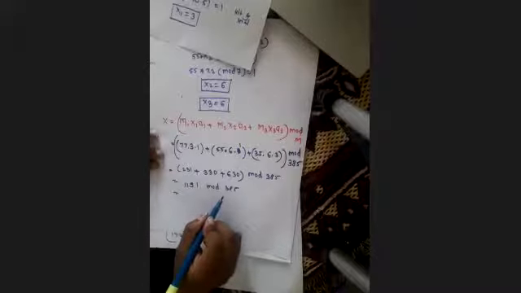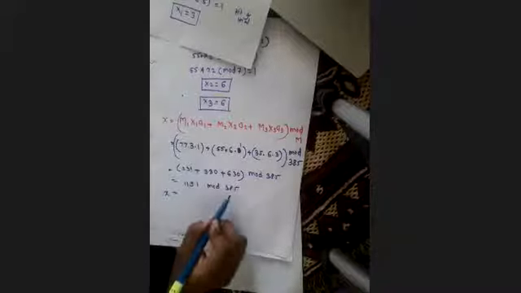How much is 231 plus 330 plus 630? Is it 1191 mod 385? Yes, so now 1191 mod 385, see what the value of x will be, the final value of x. 1191 mod 385, find out the value. If you have a simple calculator, then you can divide that number by 385, take the number before the decimal, subtract that and then multiply it with 385.